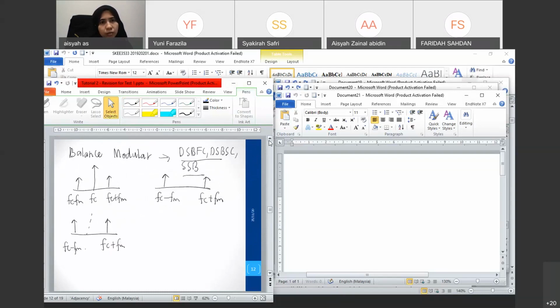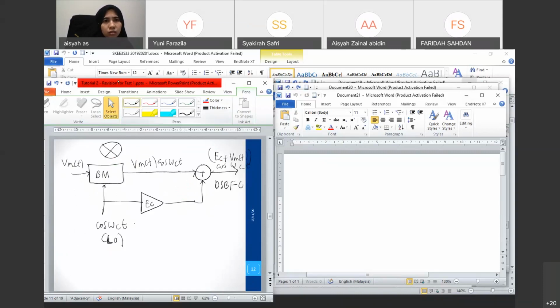And then from here, for the DSBFC, you will get the frequency spectrum like this. And then to get the DSBSC, we need to remove the carrier. Okay, remove the carrier.